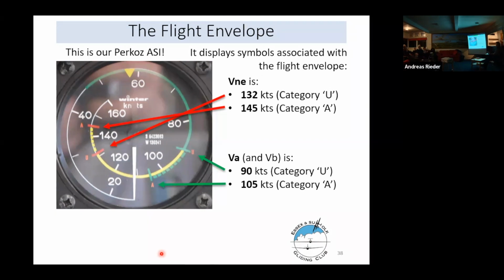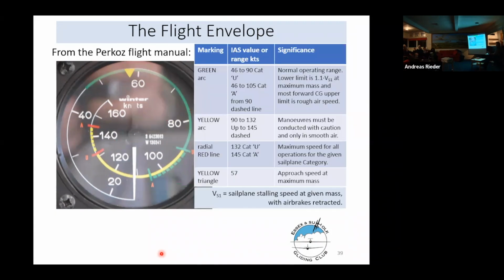You may not be able to see all the detail in the next slide. This is just captured from the PERCOS flight manual and explains what the various segments of the ASI indication are: green arc, yellow arc, red radial line, and yellow triangle. I won't go through all of those in detail.